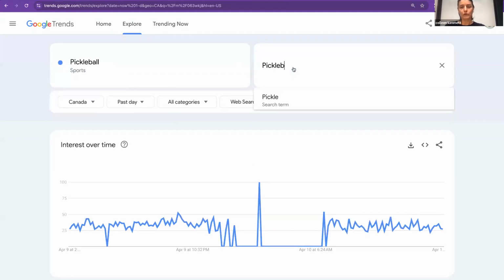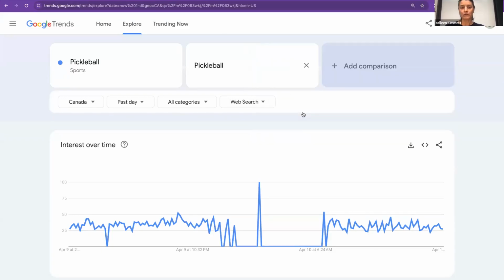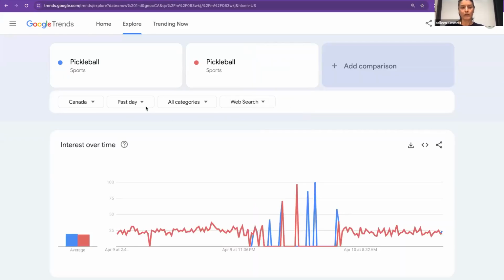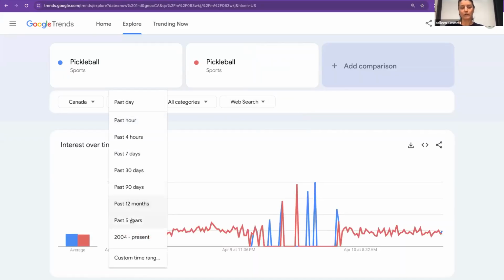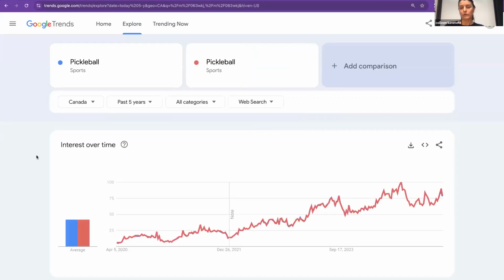I'm going to add the same search term over here. So let's say I want to compare popularity of pickleball in Canada relative to popularity of pickleball in other countries.